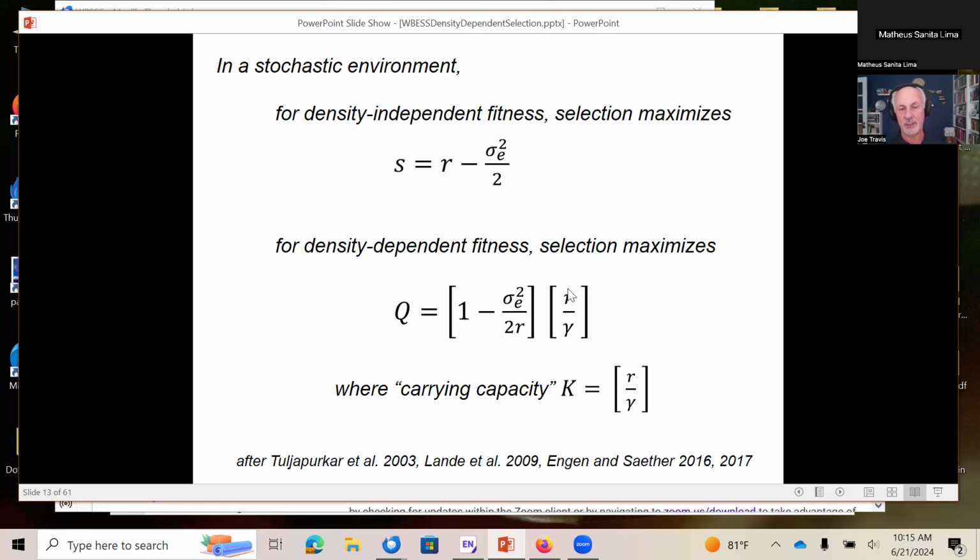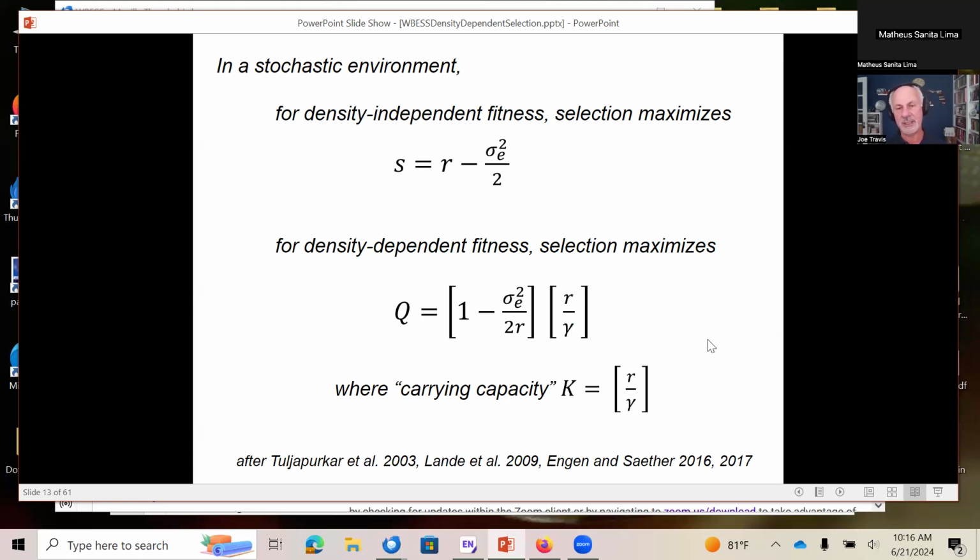This becomes 1, and we're back to the carrying capacity K in a classic logistic model, which is what MacArthur actually showed. So we can recapture MacArthur's derivation, where fitness is the carrying capacity in a logistic model, the rate of increase divided by the sensitivity to density. So that's the mathematical version of that argument.